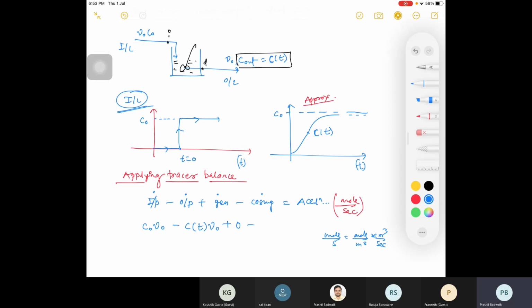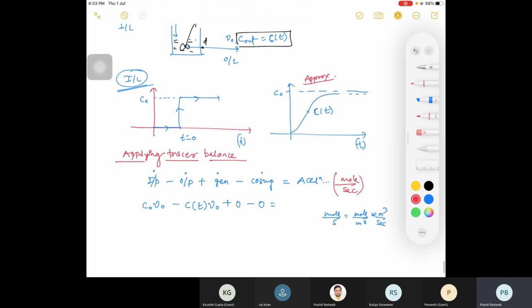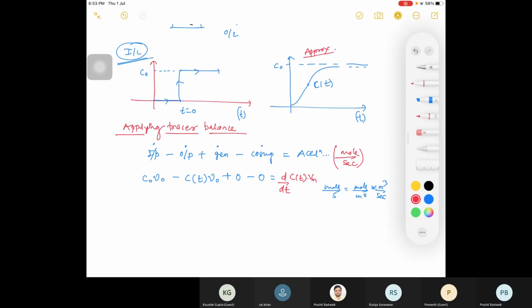Generation 0, consumption 0, accumulation will be d by dt of C step, or I'll write C of T into your volume of MFR. I hope you are clear with this.